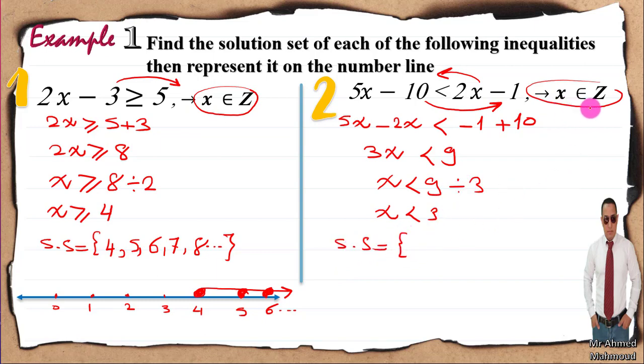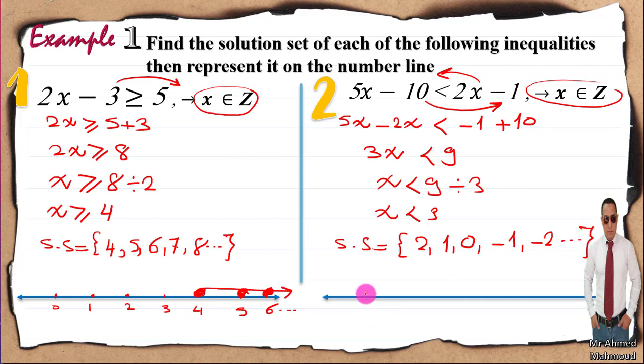Okay, the solution set equals, in Z, x smaller than 3, so 3 does not belong to the solution, because there isn't an equal. So it will be 2, 1, 0, negative 1, negative 2, and so on. On the number line, it will be like this. 0, 1, 2, 3, negative 1, negative 2, negative 3, negative 4, and so on.